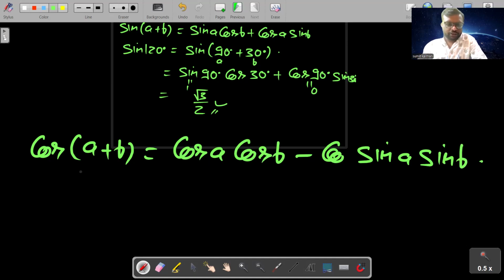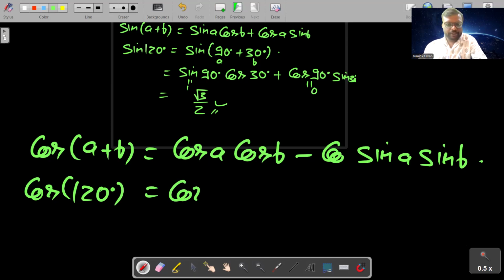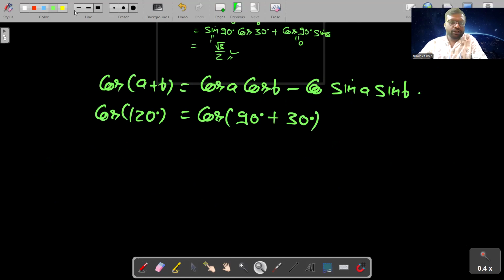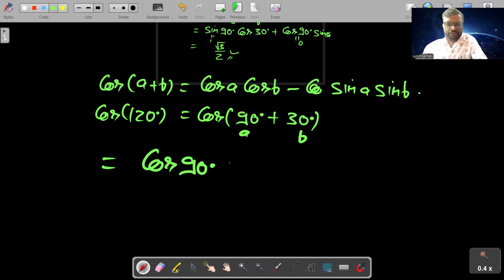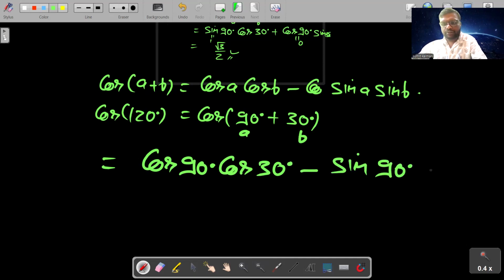Now, students, cos 120 degree will be equal to cos 90 plus 30 degree. Here you can substitute A as 90 degree and B as 30 degree: cos 90 into cos 30 degree minus sine 90 degree into sine 30 degree.